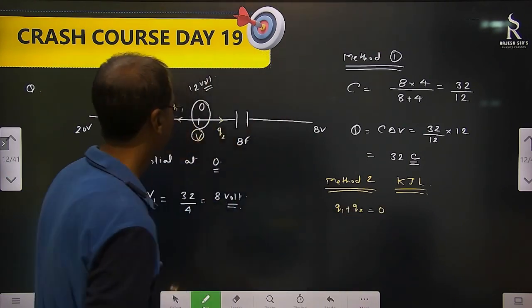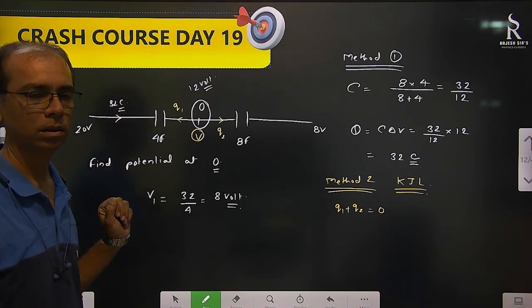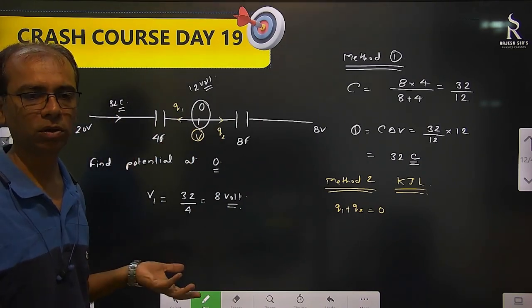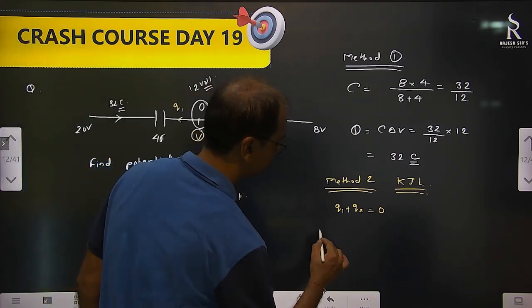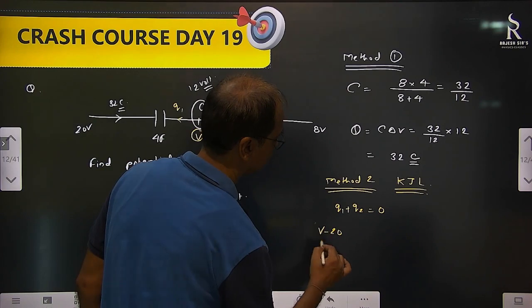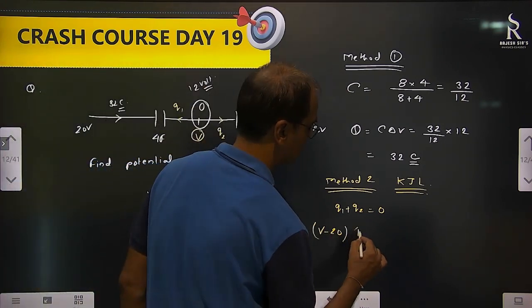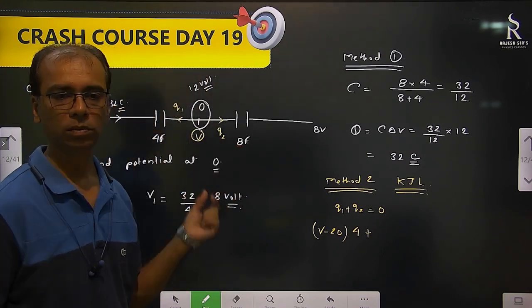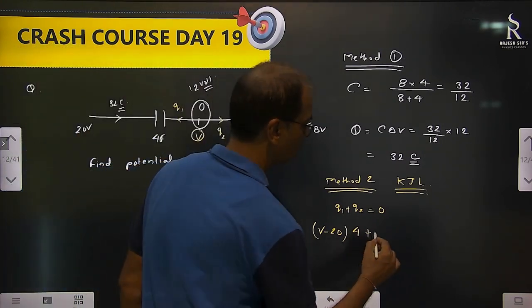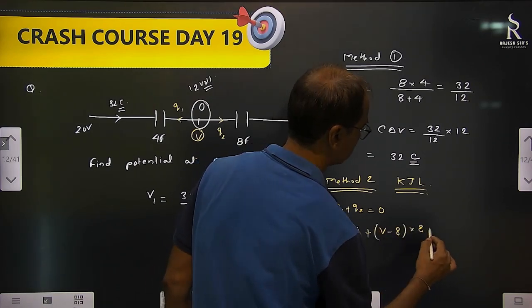What is Q1? You will say V minus 20, delta V, into C. Q is nothing but C delta V. So (V minus 20) into C, how much is that? 4, plus here also the same, (V minus 8) into 8, equal to 0.